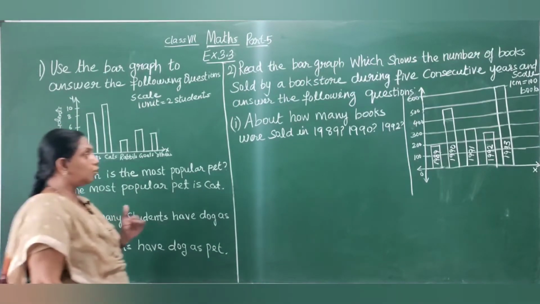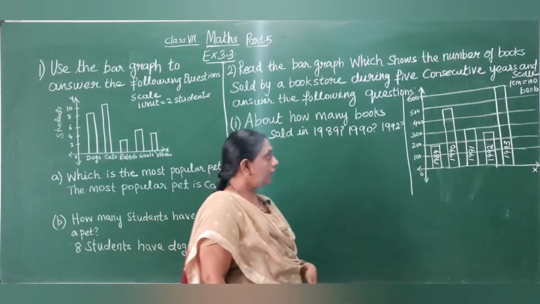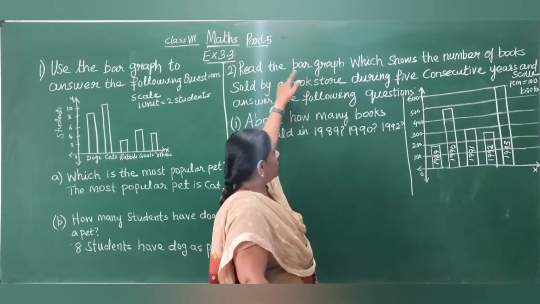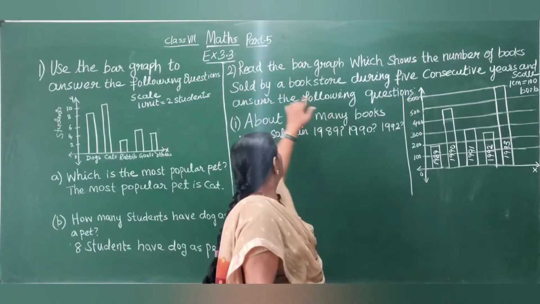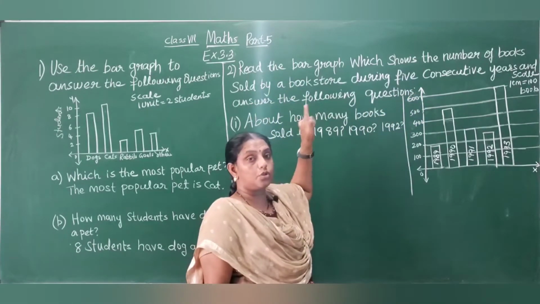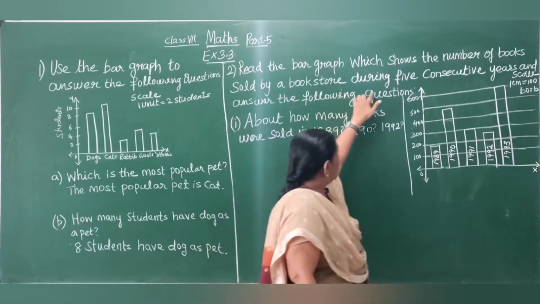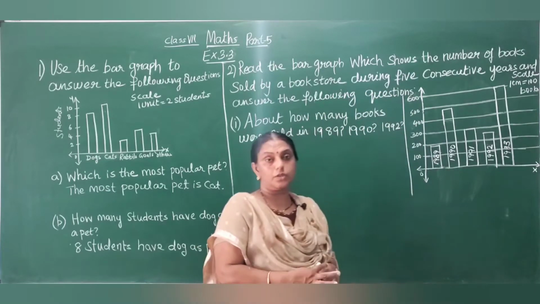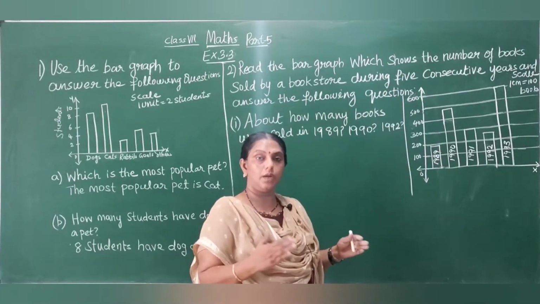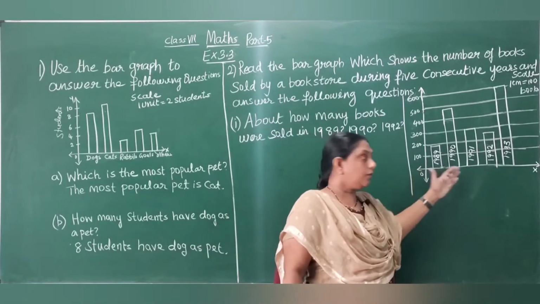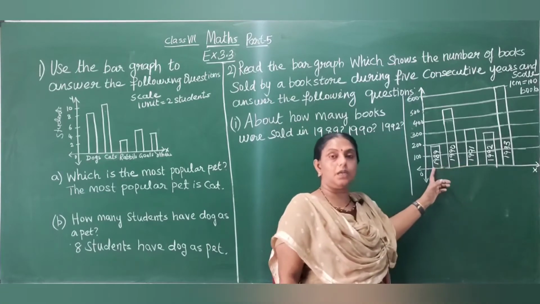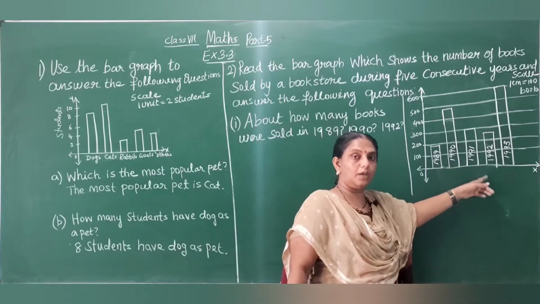Now question number 2. Read the bar graph which shows the number of books sold by a bookstore during 5 consecutive years. Consecutive means one after the next, like 1, 2. 1989 to 1993: 1989, 1990, 91, 92 and 93.